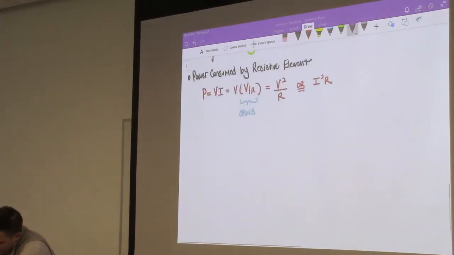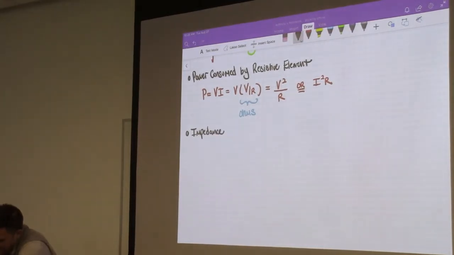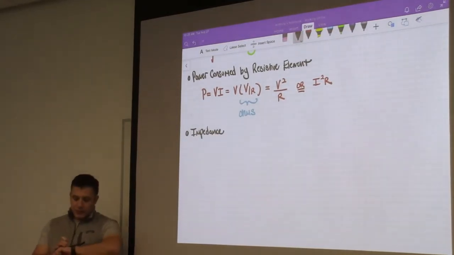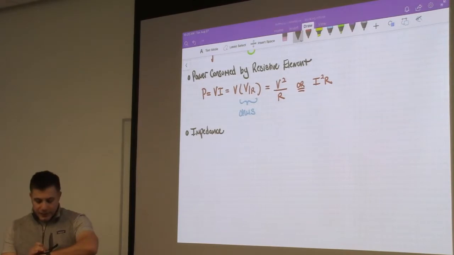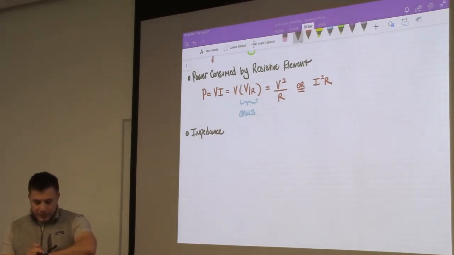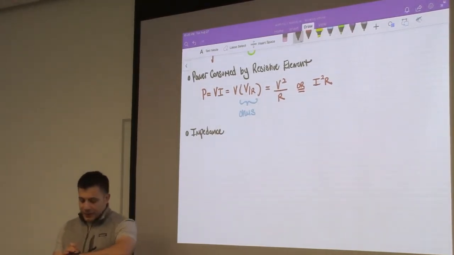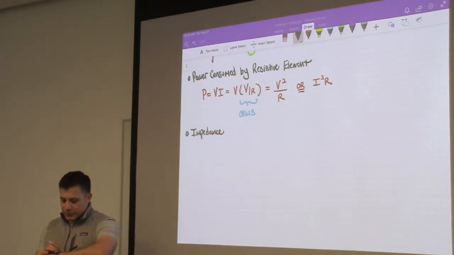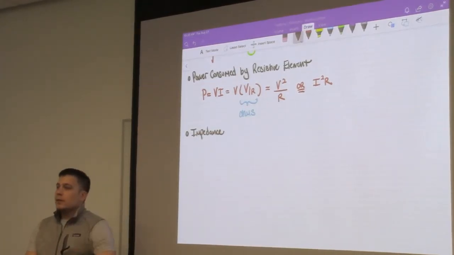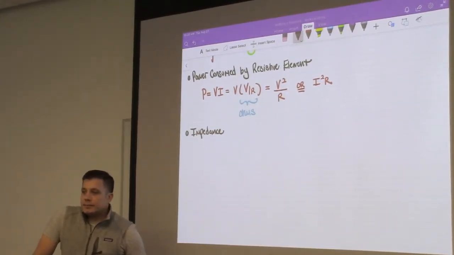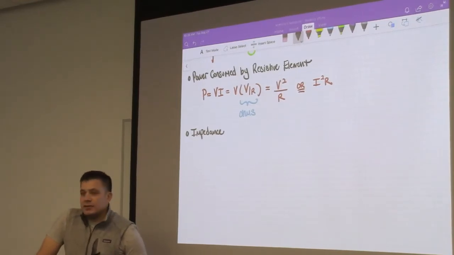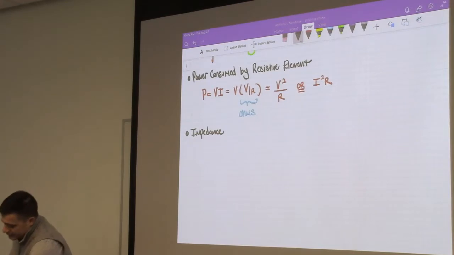Okay, next, and I know we're flying through a whole bunch of different topics, but these are basic concepts and vocabulary that we need to get in your heads before we can dive into some of the real problems. So impedance.